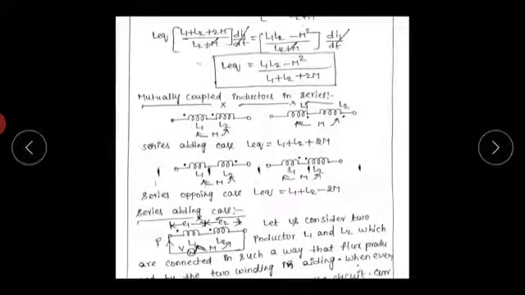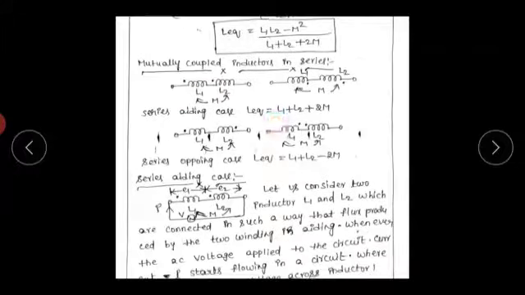Okay, first this is series aiding connection. This is also series aiding connection. Here currents enter both inductors from the second end. Here current enters both inductors from the first end. Here in the first inductor current enters from the first end, in the second inductor current enters from the second end.